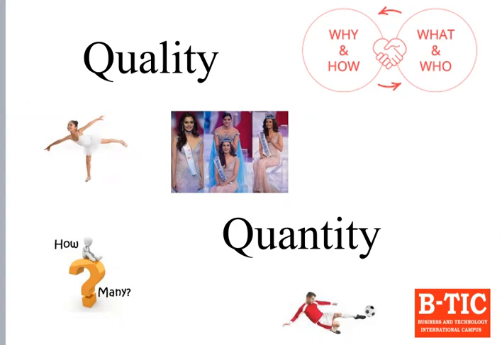If you take these games, football and cricket, they are all quantity in nature. They measure the quantitative criteria and they judge. If you take a boxing competition, they consider quality and sometimes quantity as well. How many punches, the way you punch, right? So it depends on the game you play.